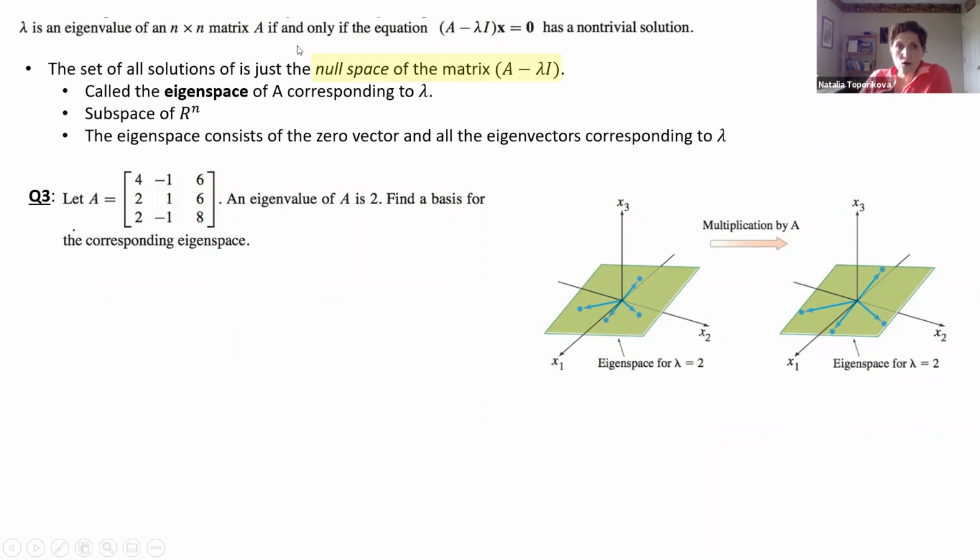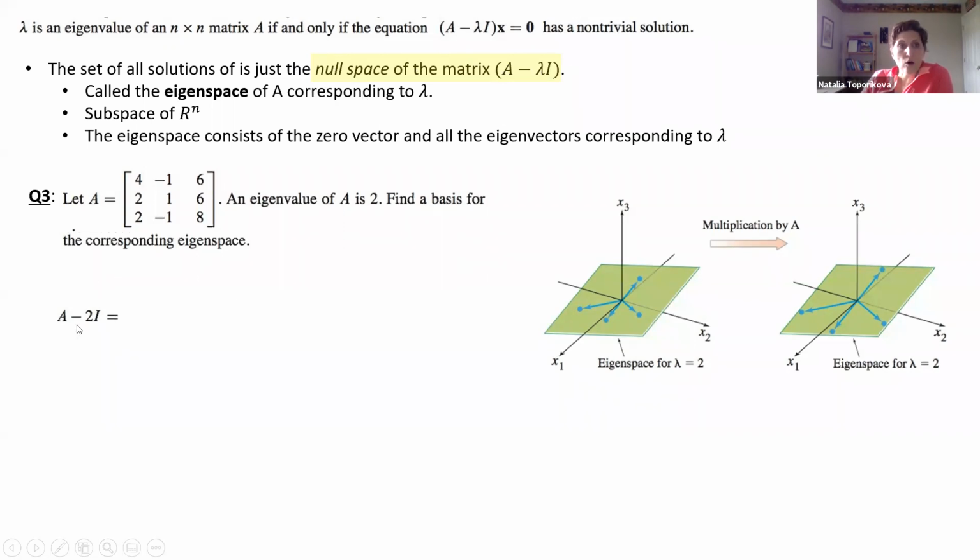Okay, so let's start with the definition. We know that vectors in the eigenspace satisfy our homogeneous equation for the matrix A minus lambda I, so it should be the null space of the matrix A minus lambda I. So let's just calculate this matrix.